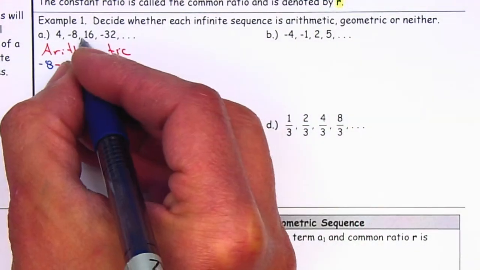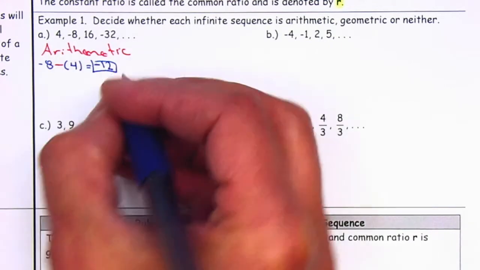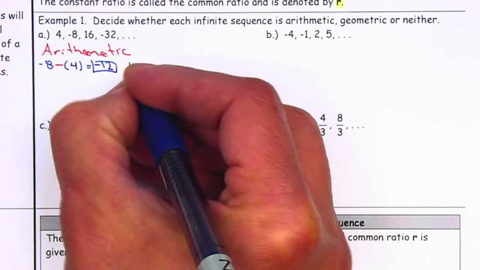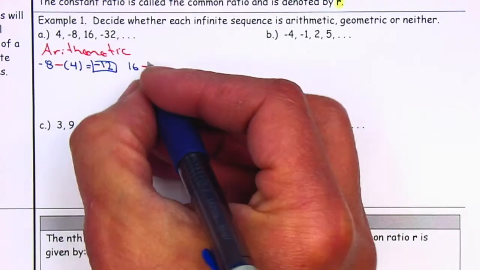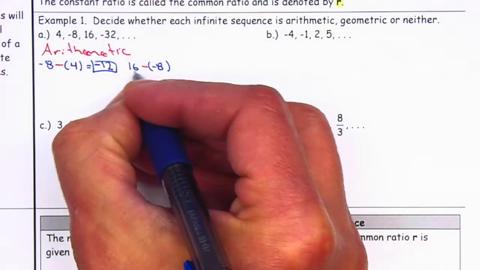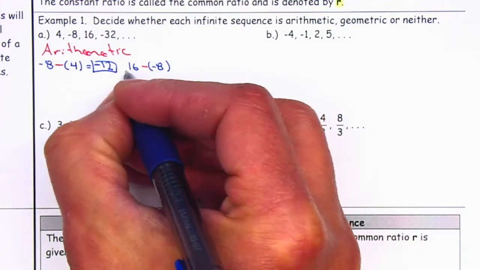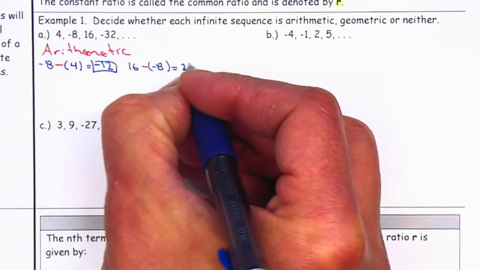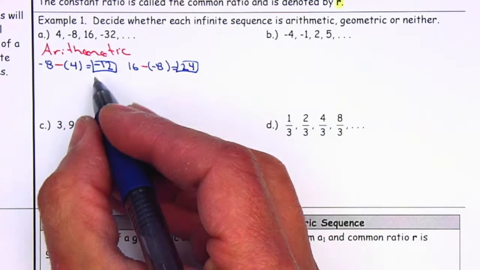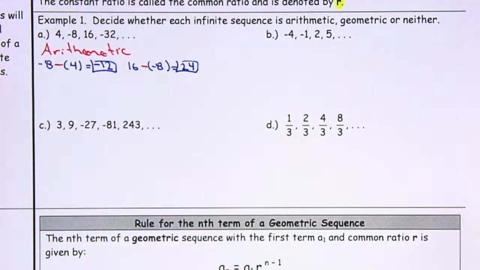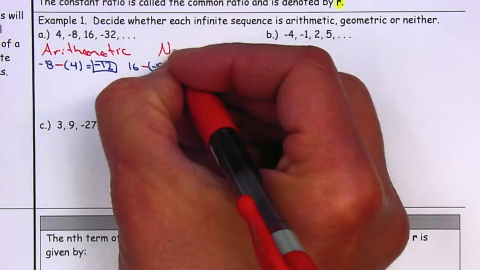Then we're going to take the third number minus the second number. So 16, we're going to subtract the second number, which is -8. Negative and negative is a positive, so 16 plus 8 is 24. If you notice, the difference is not the same, it's not constant, so this is not an arithmetic sequence.